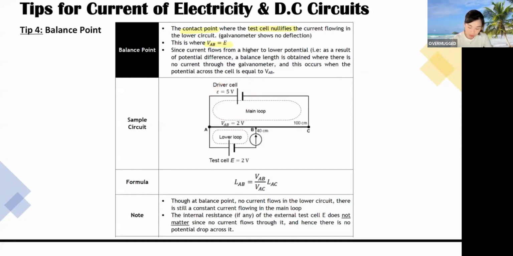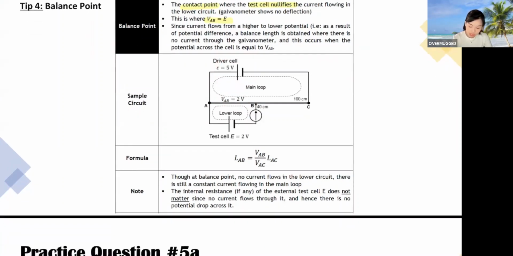Okay? So, in that case, the formula to use is I can make use of the length of the test wire that I use over the original, total length, to be equal to the voltage output over the total voltage across AC. Okay?